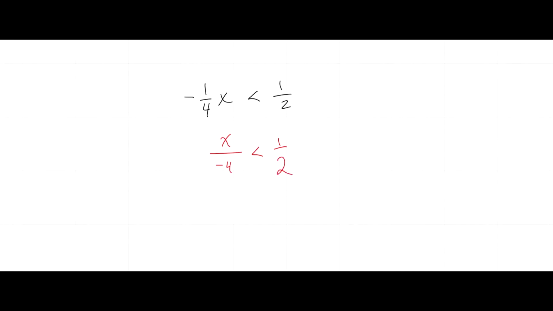This and this are the same, right? Now, like the last example, this means division. In order to cancel division, you have to apply the opposite, okay? The opposite of division is going to be multiplication. So let's multiply both sides of the inequality by the number negative 4.